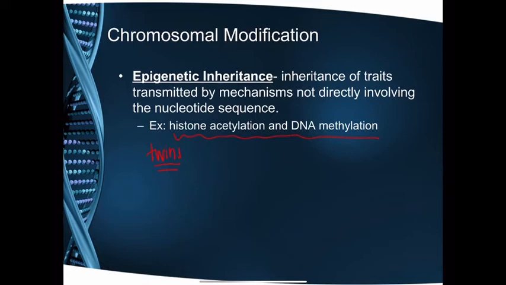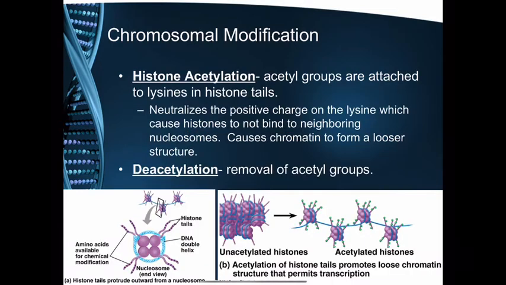And so that's epigenetic inheritance. Traits that are transmitted by things not directly involving the codes that are read in the amino acid. How two people can have the same amino acid sequence but inherit things differently because it's something outside of that amino acid sequence. So that's what epigenetic inheritance looks like.